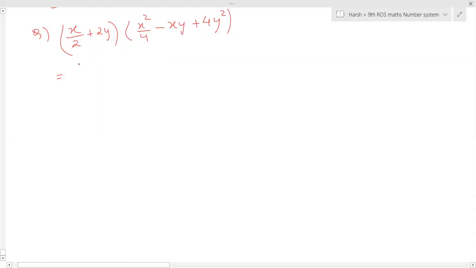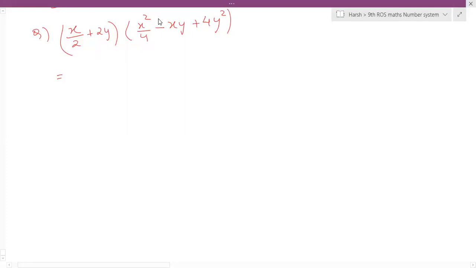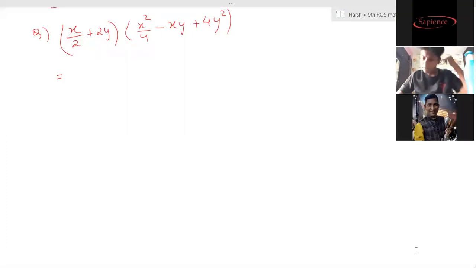Kaushal, A cube plus B cube is what? Open your camera. Yes, tell me. A cube plus B cube is what? Sir, A cube plus A plus B the whole cube. A cube plus B cube, what is the formula? See on the screen. See in the notebook and tell me.